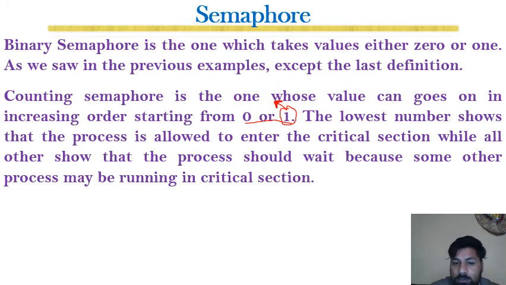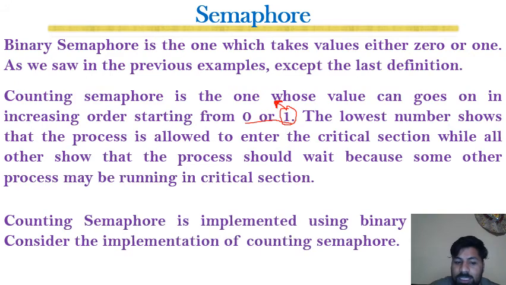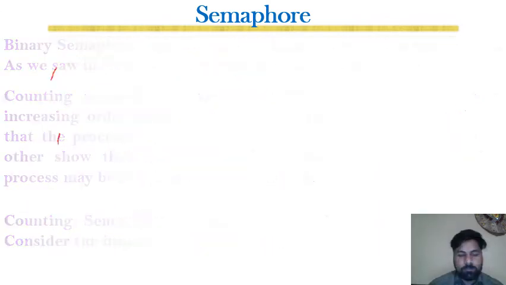Here is an implementation. In this example we will understand how it basically works. A counting semaphore is implemented using binary semaphores. So now let us discuss how we can implement a counting semaphore using binary semaphores.